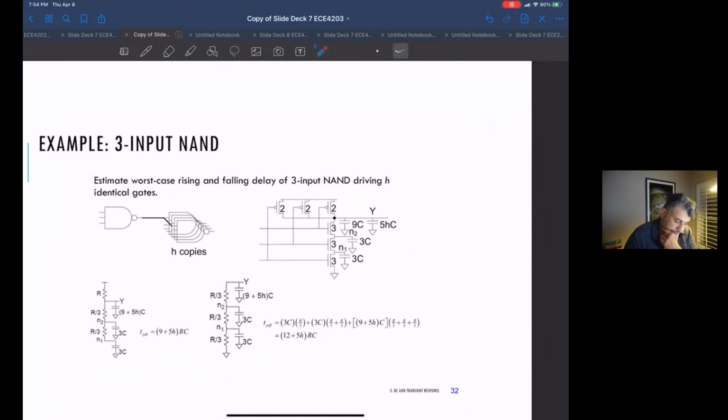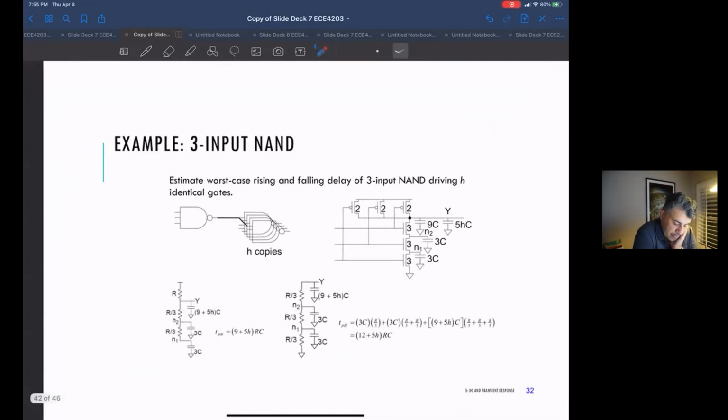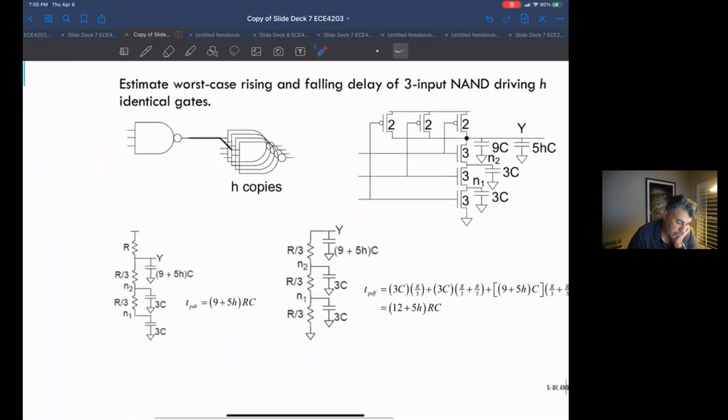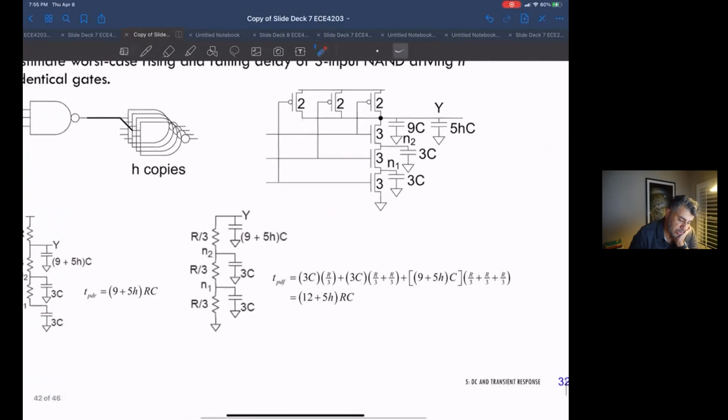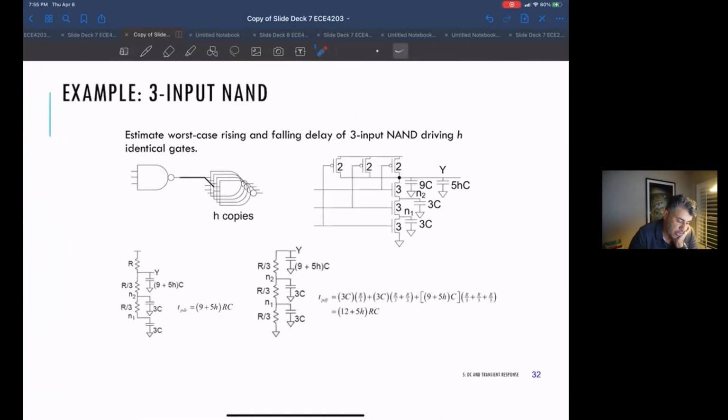Oh, sorry. Okay. Yep. So now the example is looking at the prop delay fall. So this is kind of what I drew there, right? I panicked there for a second. It's also saying what happens if you drive H copies of yourself.